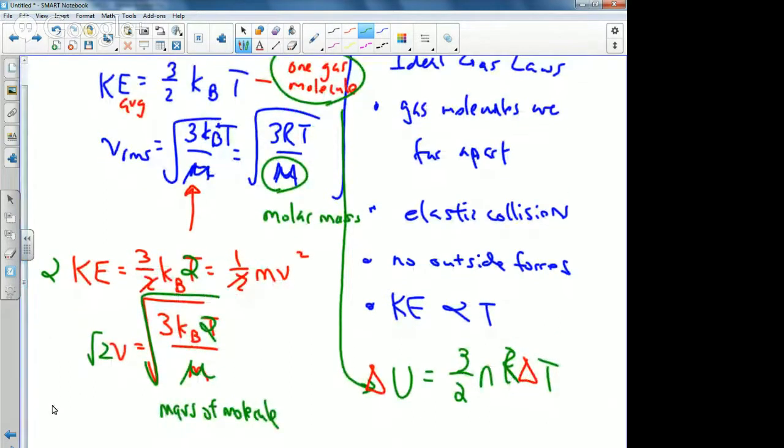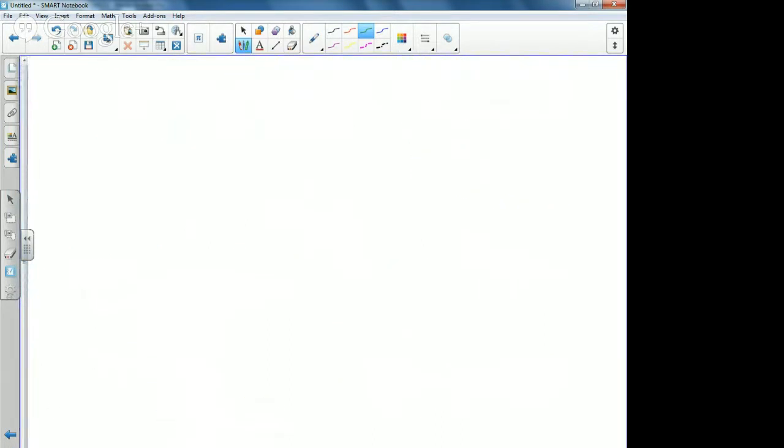Any questions about this? If we are to talk about the ideal gas laws, we also have to talk about, of course, the most important formula, which is PV equals nRT.